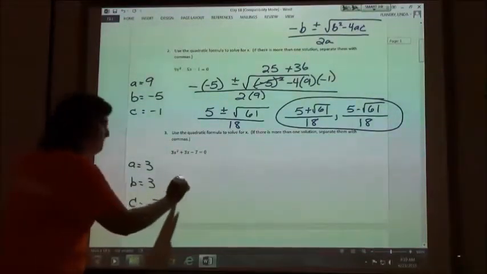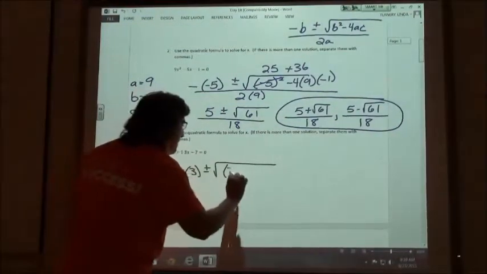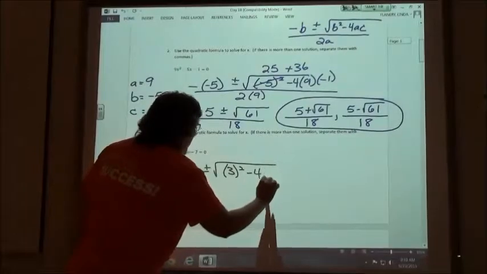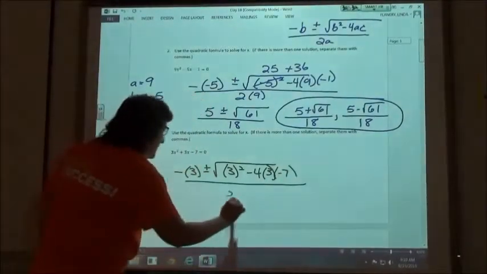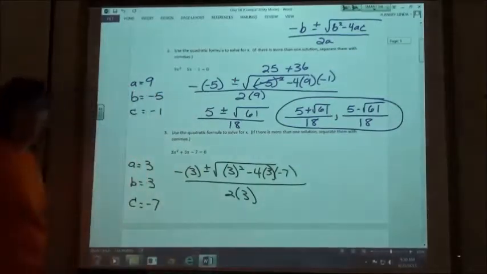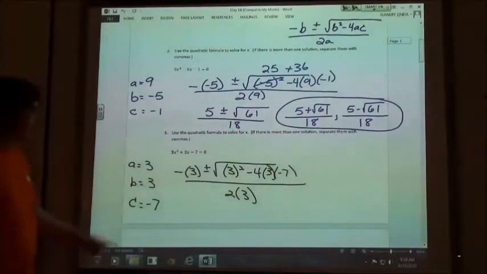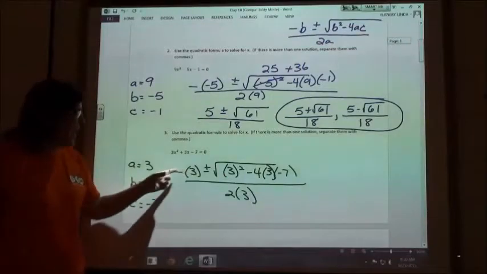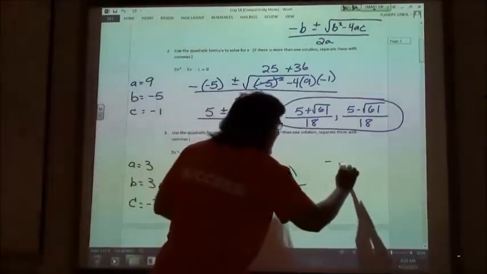Negative 3 plus or minus the square root of 3 squared minus 4 times 3 times negative 7 all over 2 times 3. So again, I really don't need the parentheses around the 3, but just for the sake of properness, I have minus the 3, so we can just write that as negative 3.